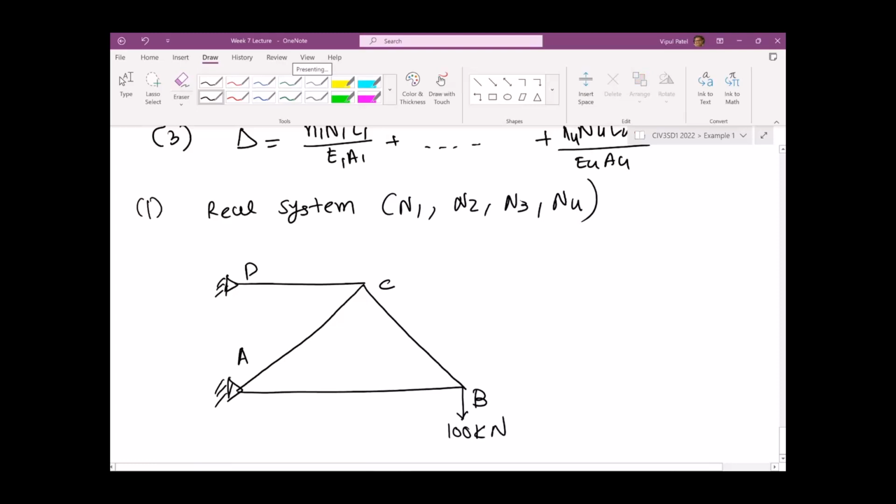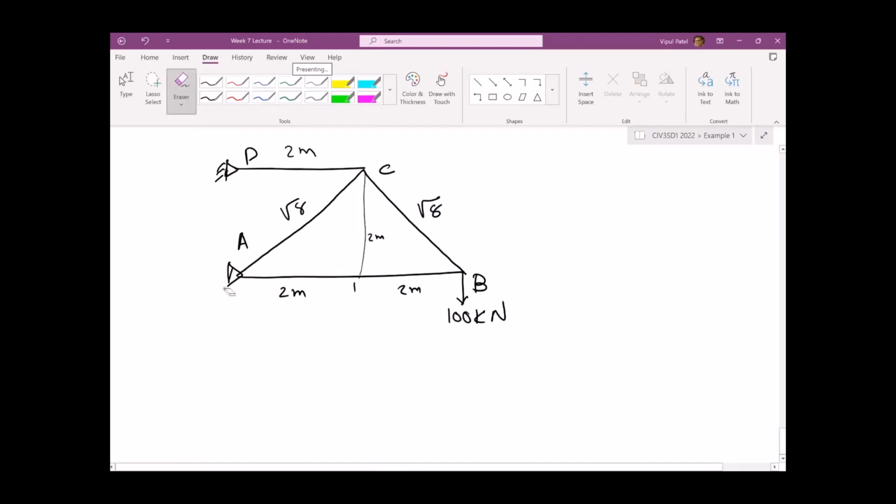The distances are 2 meters, 2 meters, and this one will be 2 meters as well. With this vertical distance of 2 meters, this is square root 8, same as before. So let's work it out.